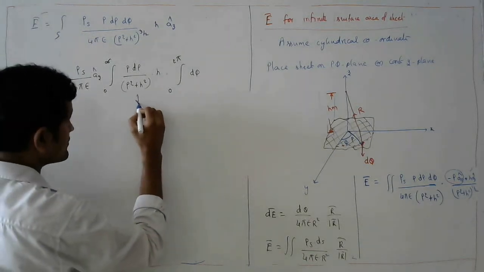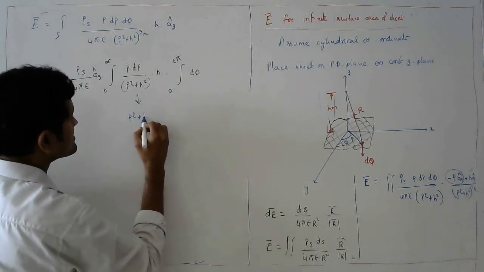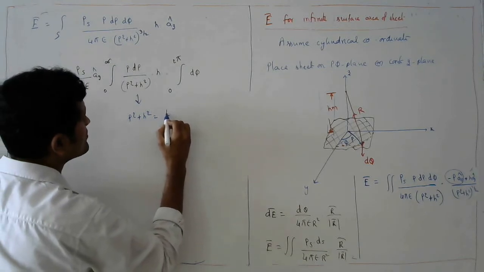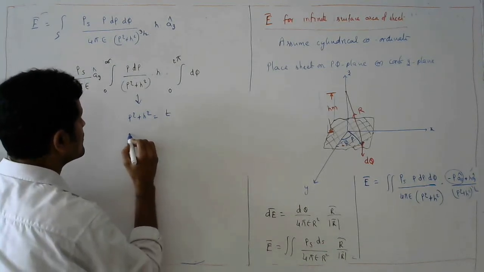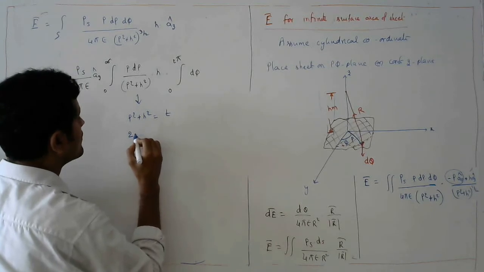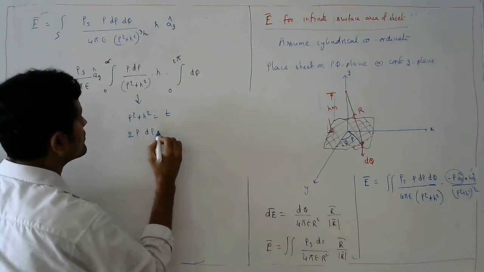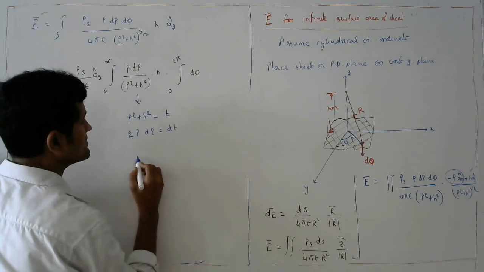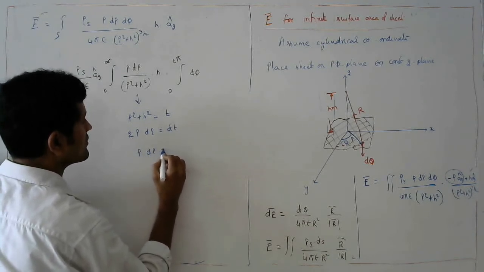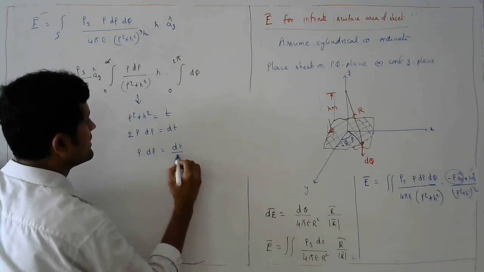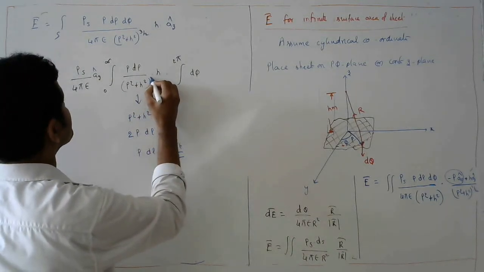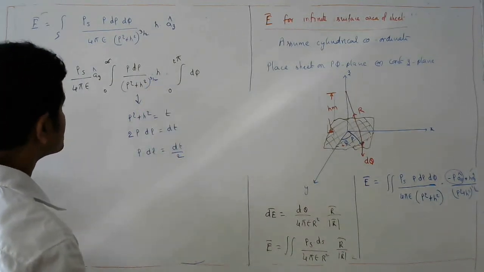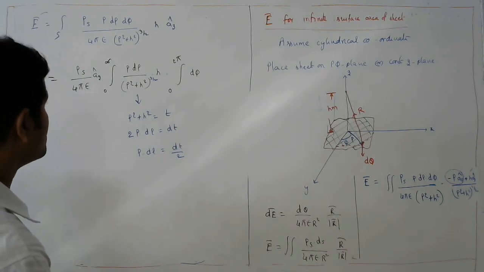I am going to consider rho square plus h square equal to t. If I assume rho is very big, then 2 rho into d rho is equal to dt. So rho d rho can be written as dt by 2, and rho square plus h square to the power of 3 by 2 is t to the power of 3 by 2.